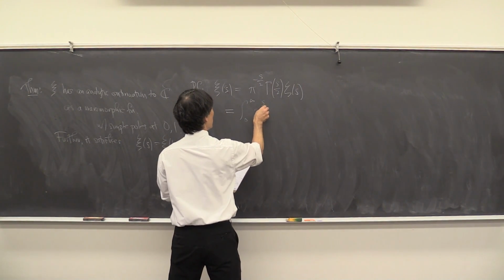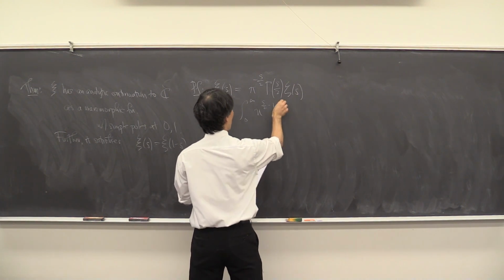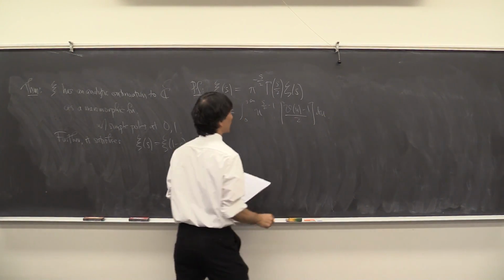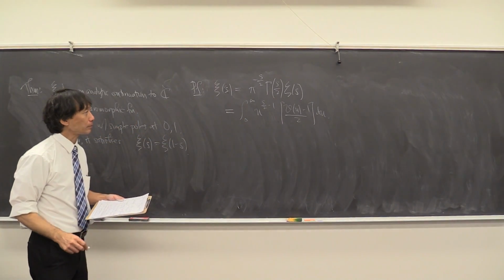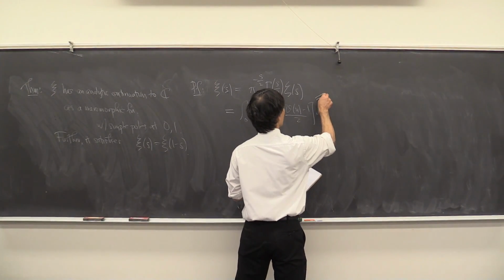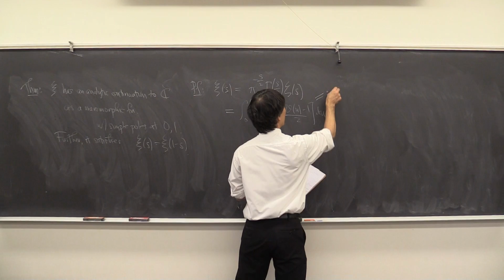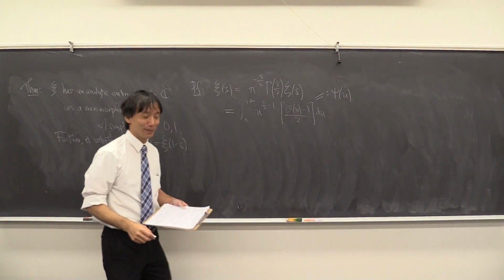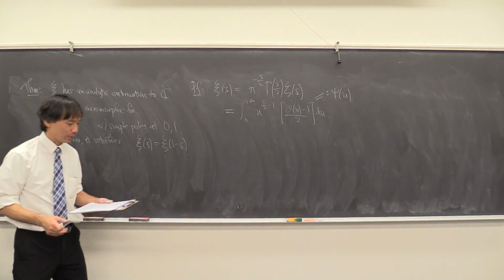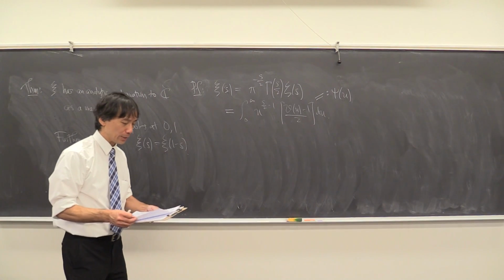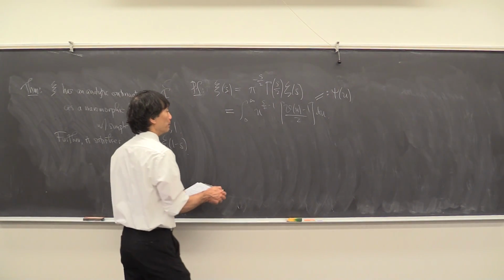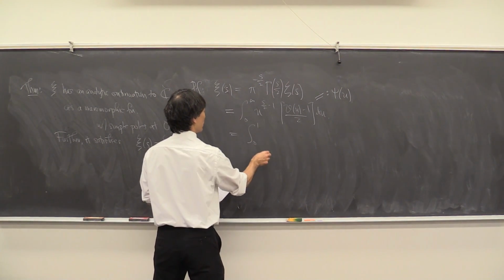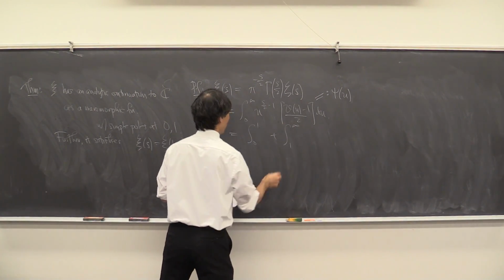So it's the integral of u^(s/2 - 1) times theta of u minus 1 over 2 du. We're going to call this theta minus 1 over 2 psi, just for notational convenience. And then we take this integral and break it into two parts, from 0 to 1 and from 1 to infinity.